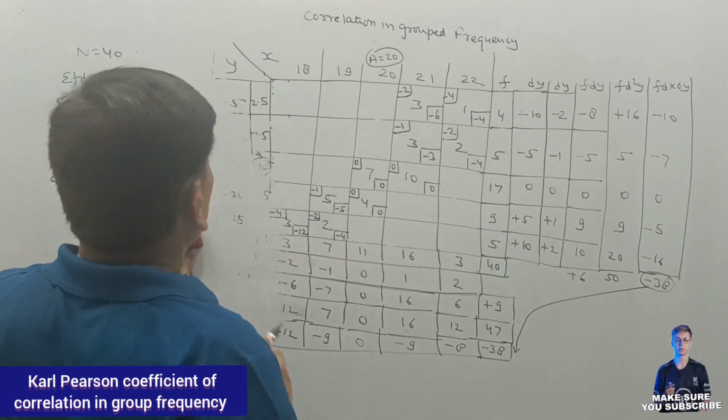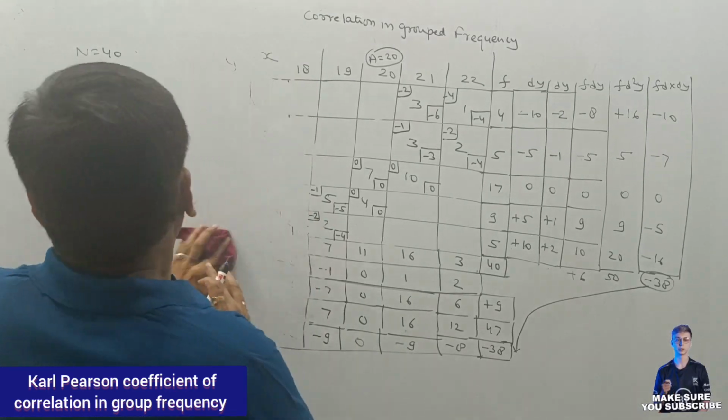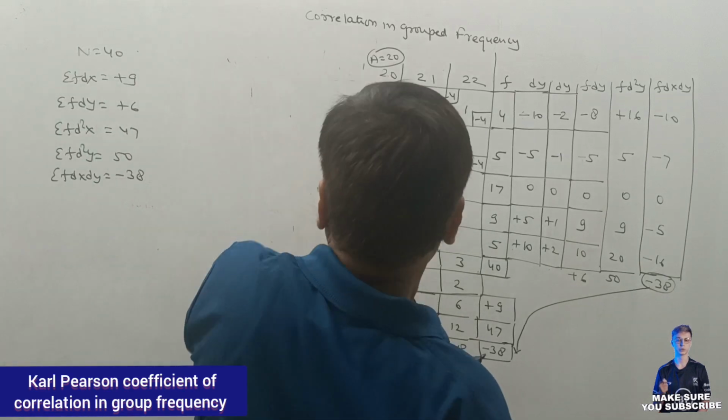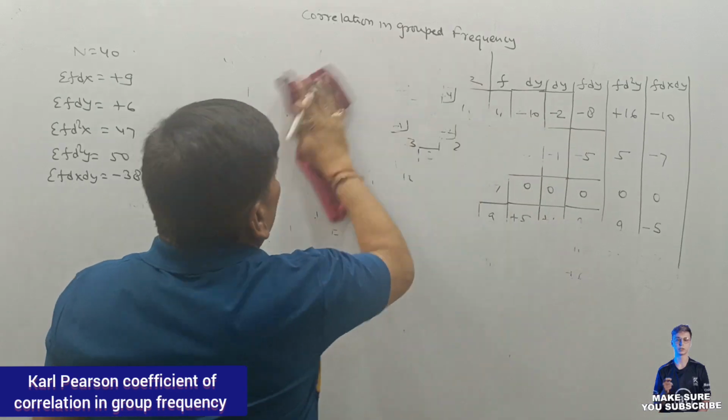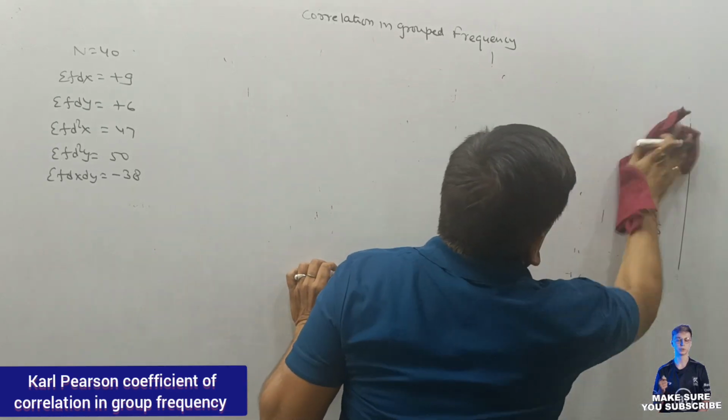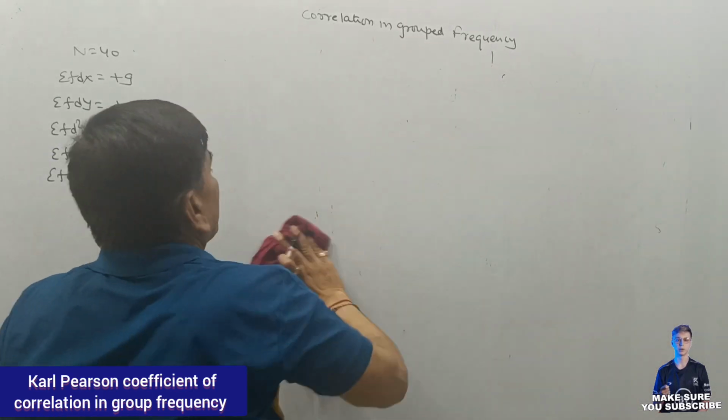Now we have kept all the values which we require in the formula. Now by putting all these values in the formula, we will get the value of the correlation.